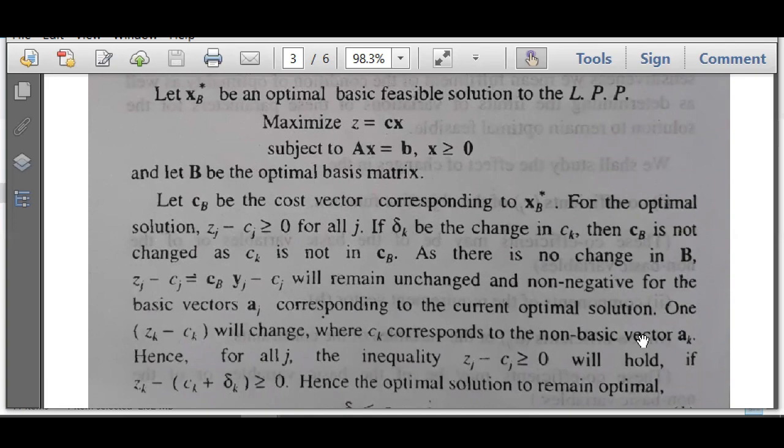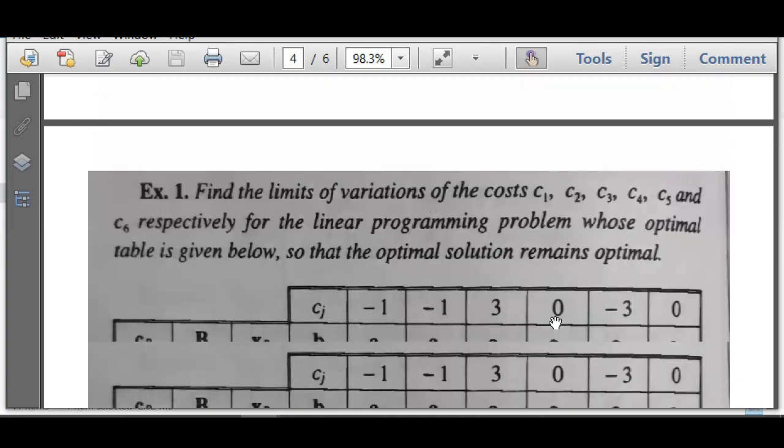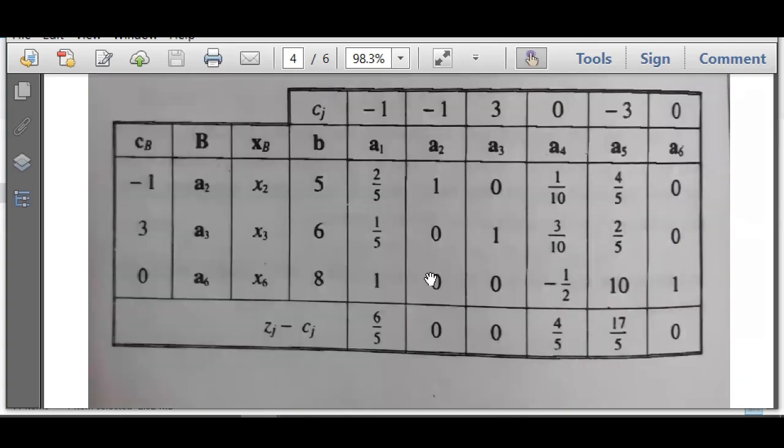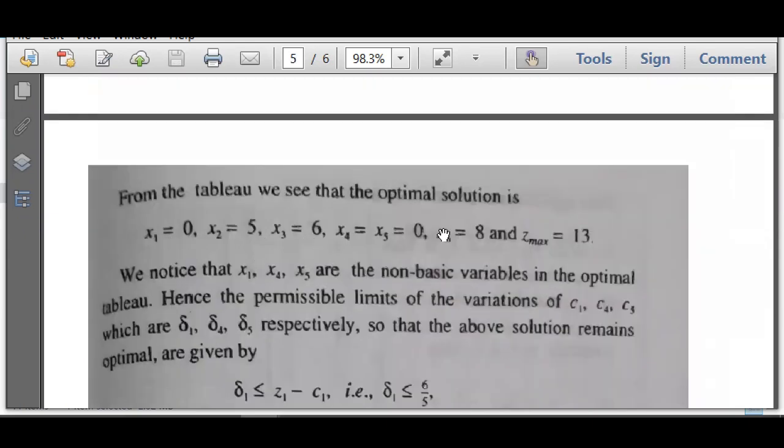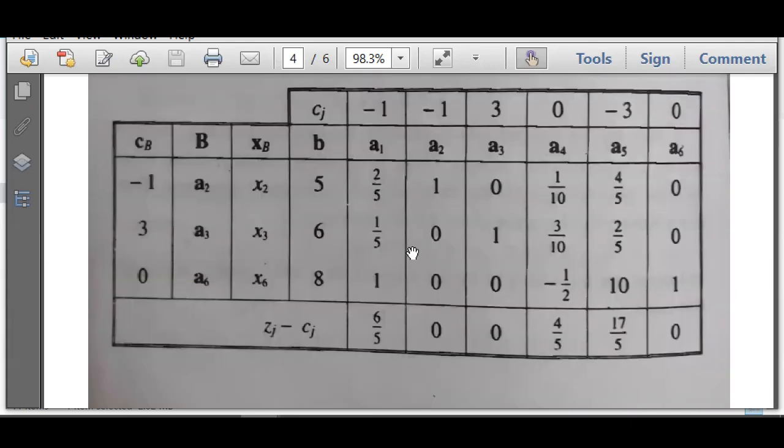Let us concentrate on this table. This is the optimal solution: x1 is 0, x4 is 0, x5 is 0, x2 is 5, x3 is 6 and x6 is 8. So out of 6 variables, x1, x4 and x5 are the non-basic variables. This is the optimal table, the last table in the simplex algorithm where you have obtained the optimal solution.